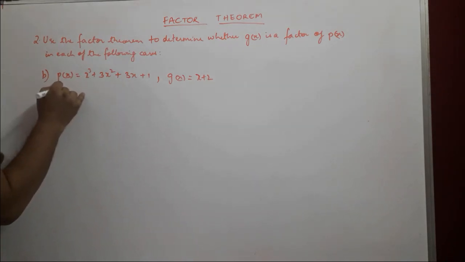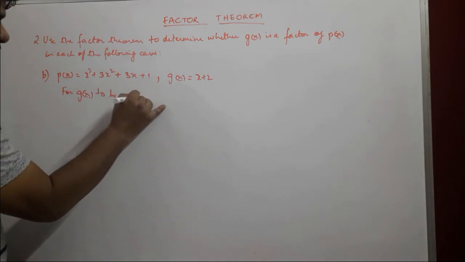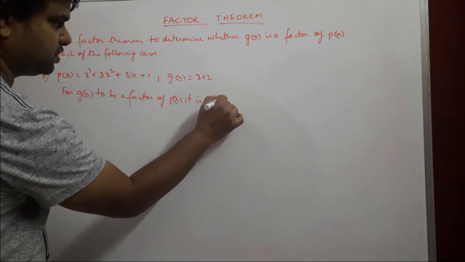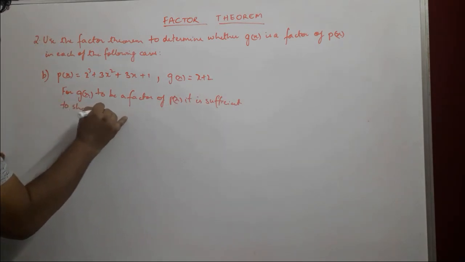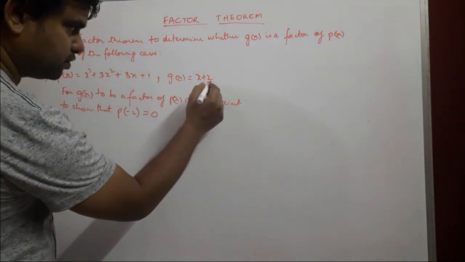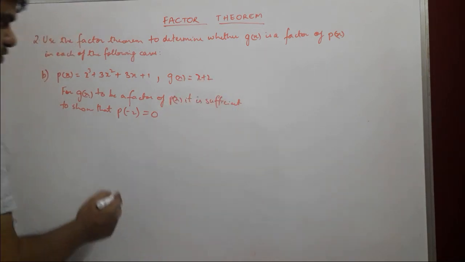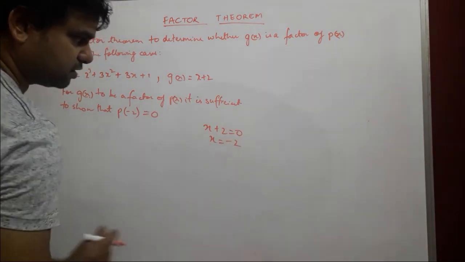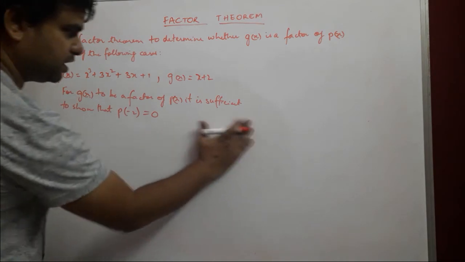So for g of x to be a factor of p of x, it is sufficient to show that p of minus 2 is equal to 0, because here we have g of x equal to x plus 2, which means if we take x plus 2 equal to 0, we'll get x equal to minus 2. Now minus 2 will be substituted in place of x in this polynomial, and let's see what we get.